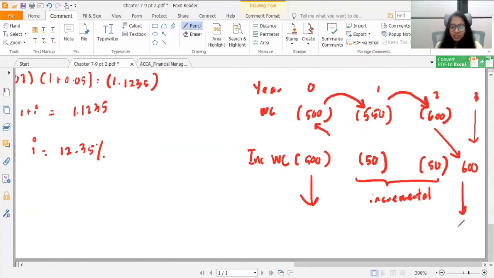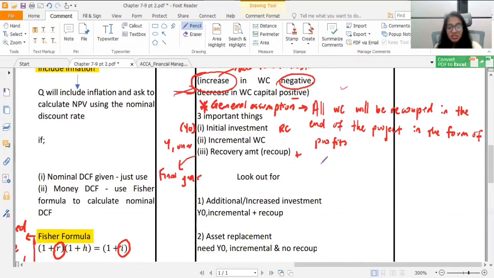And year three is the recoup investment. All right, so this is to understand the 1, 2, 3 points here.